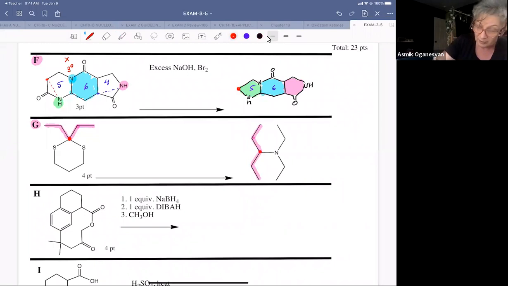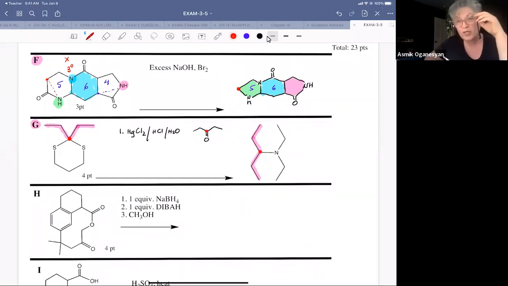For that, my step 1 will be acid catalyzed hydration in the presence of mercury chloride. And once the ketone is formed, we're going to react it with the secondary amine.